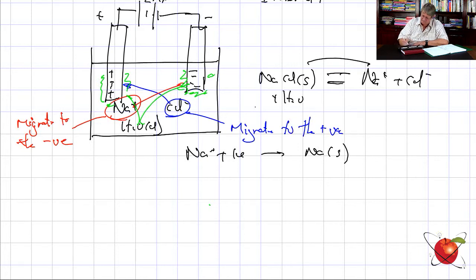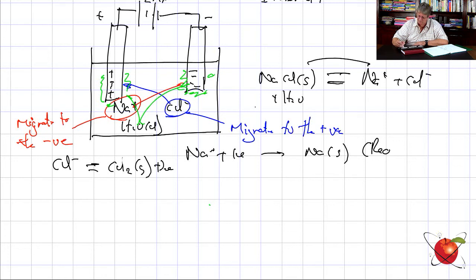The opposite side, I could have the Cl- changing to Cl2 gas plus 2 electrons. Now I identify this one over here: we're migrating there, so the sodium is gaining, which means we've got reduction over here. This side I'm losing, so this must be oxidation, correct?